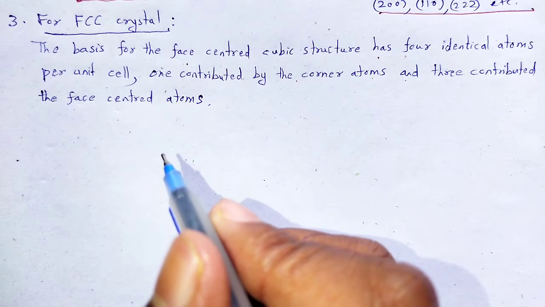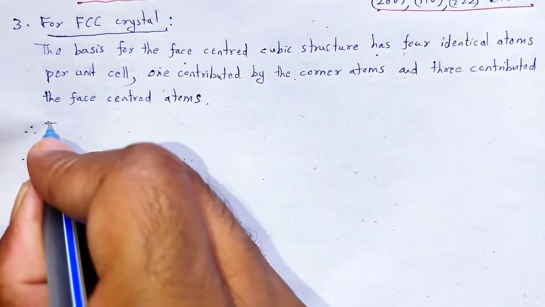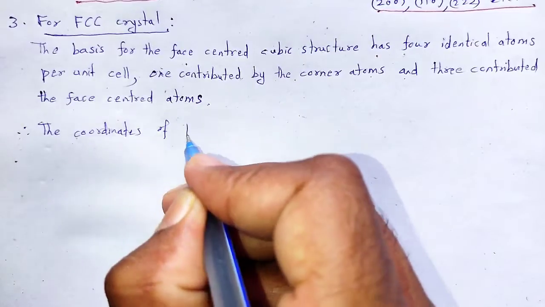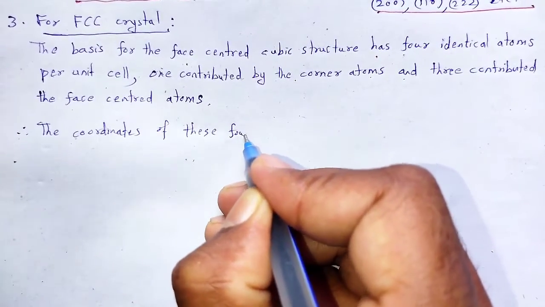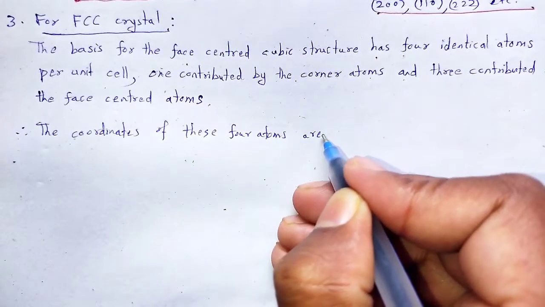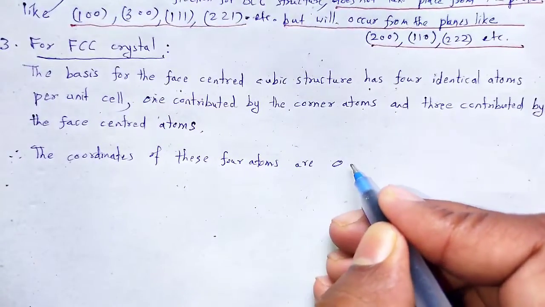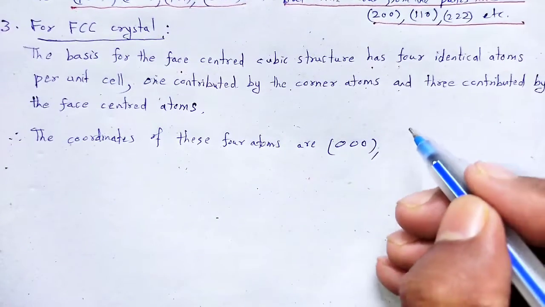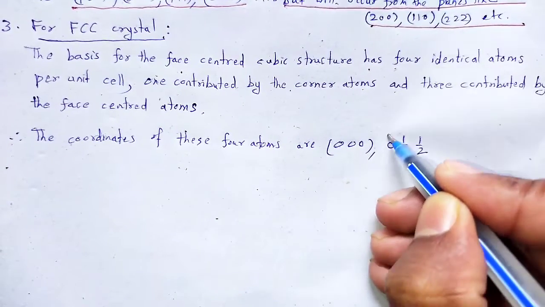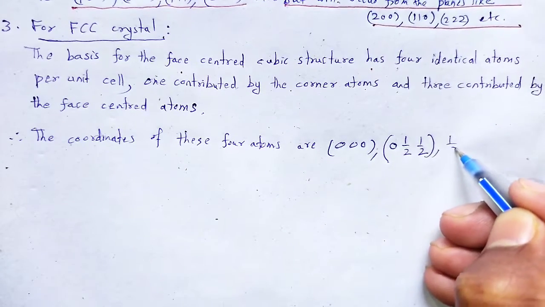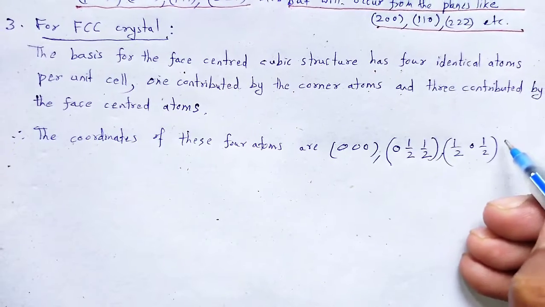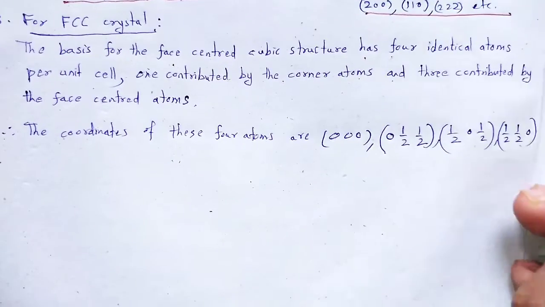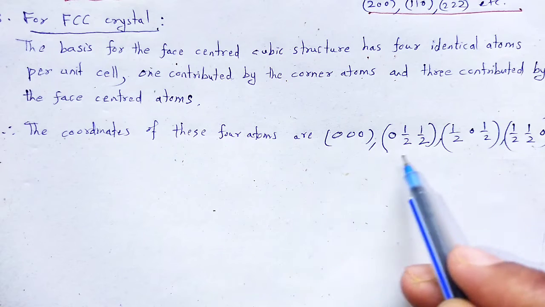Therefore, the coordinates of these 4 atoms are: one at the corner, 0 0 0, and the other 3 are the face centered, 0 half half, half 0 half, and half half 0.